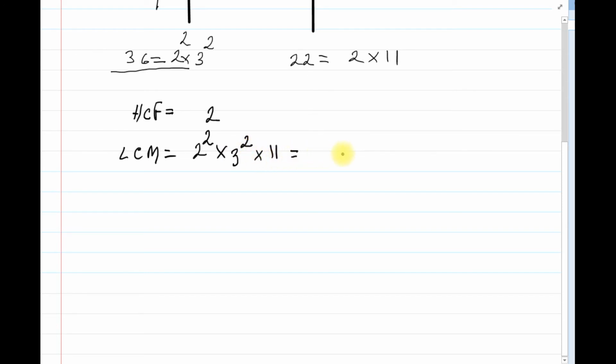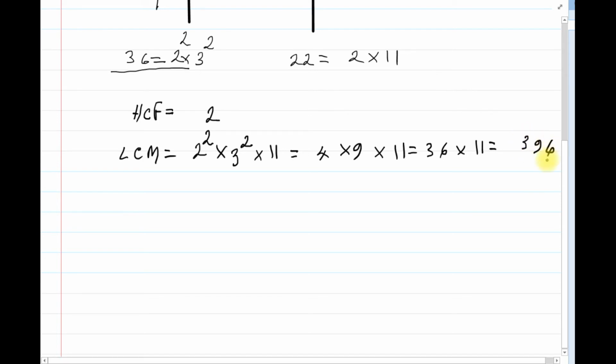So the answer would be 4 times 9 times 11, which will be 36 times 11, which will give us, if my mental arithmetic is correct, 396.